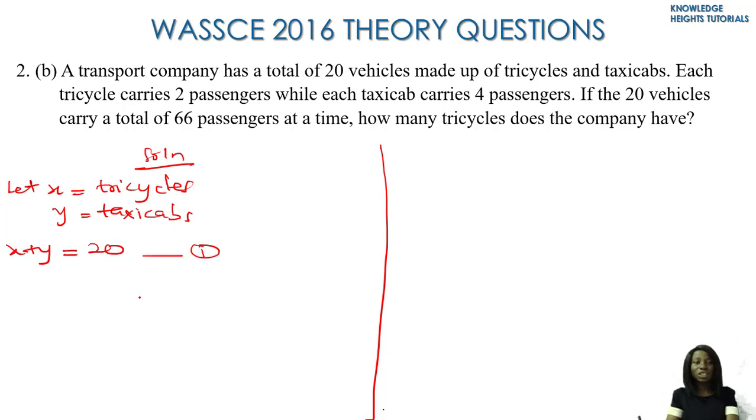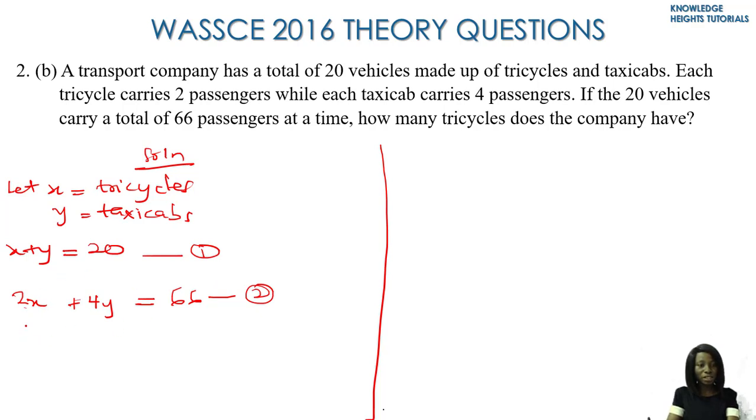Each tricycle carries 2 passengers, so 2x, while each taxi cab carries 4 passengers, plus 4y. In total, the vehicles carry 66 passengers. So this gives us equation 2.